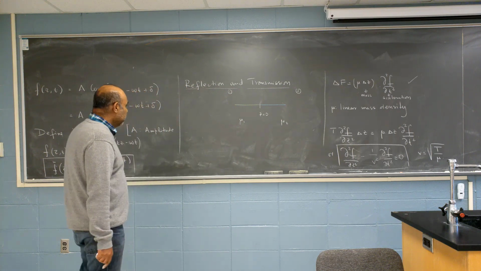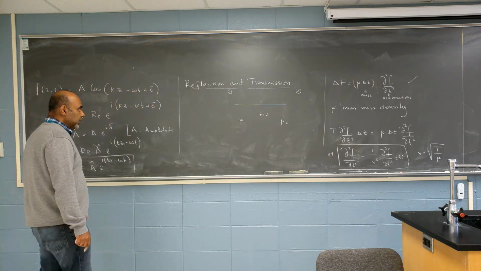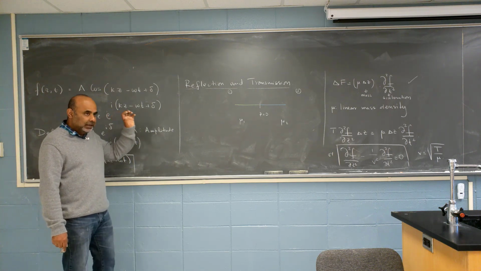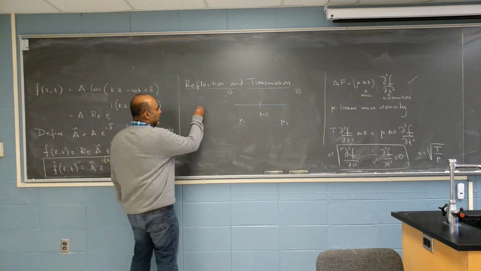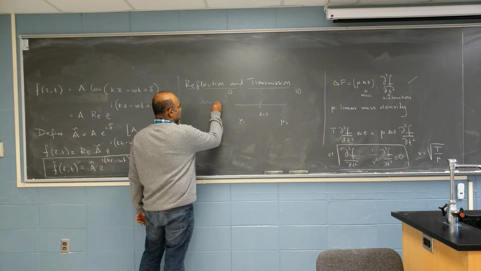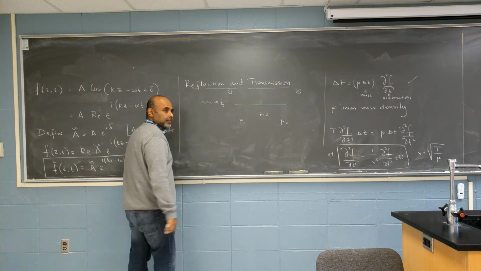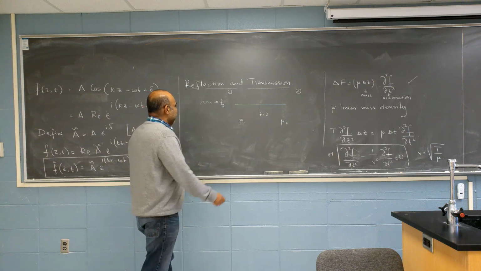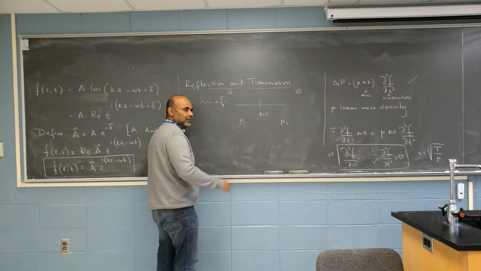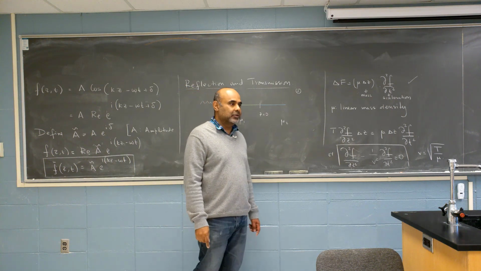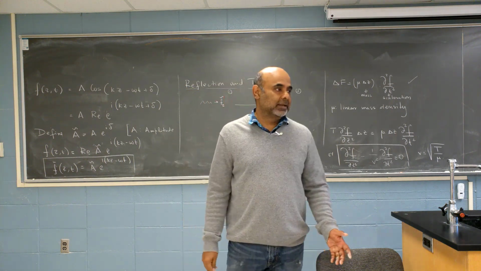Okay, and then what we will do is we'll tweak the string on this side. So you'll have an incoming wave, an F incoming, incident. And it should be tilde. But gosh, I may forget to put the tilde sometimes.